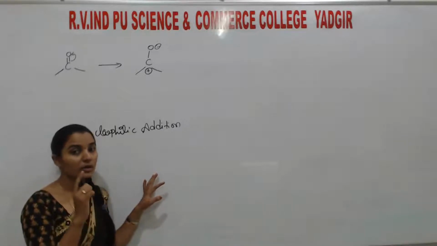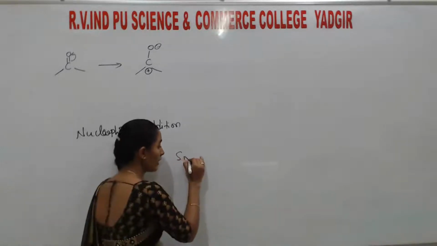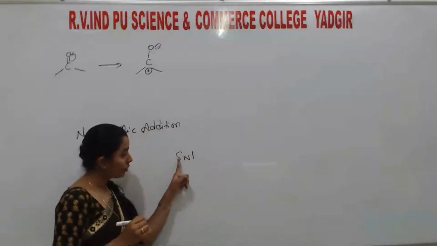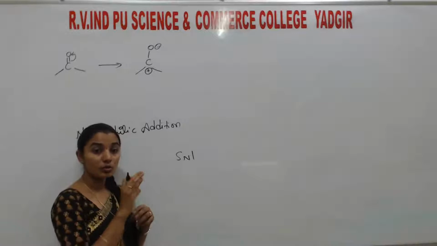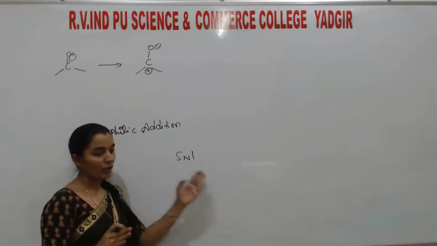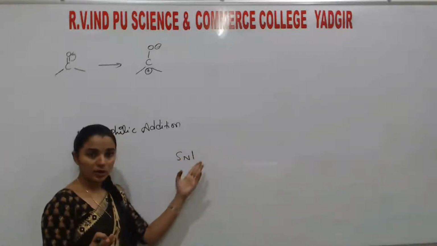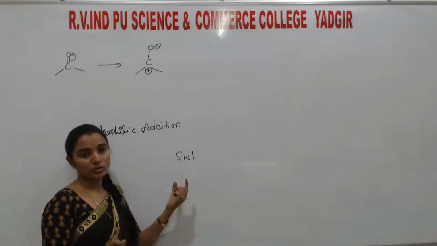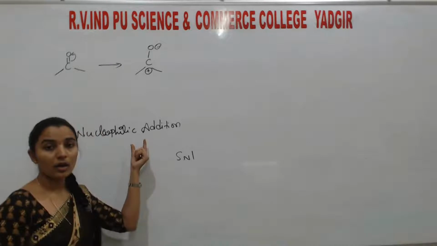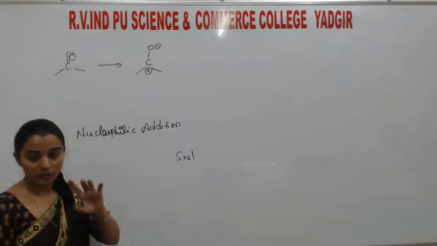Remember in haloalkanes and haloarenes, I told you SN1 and SN2 nucleophilic substitution. They are just atoms interchanged. Nucleophiles are going to substitute. OH is removed, Cl is removed, OH is attached. OH is removed, Cl is attached. Then of course it is nucleophilic substitution. Here it is addition. Remember that. Okay.